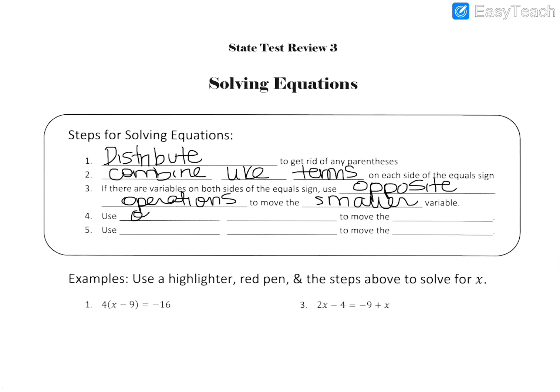And then here we're going to use opposite operations to move the constant. And then the last thing is opposite operations to move the coefficients.